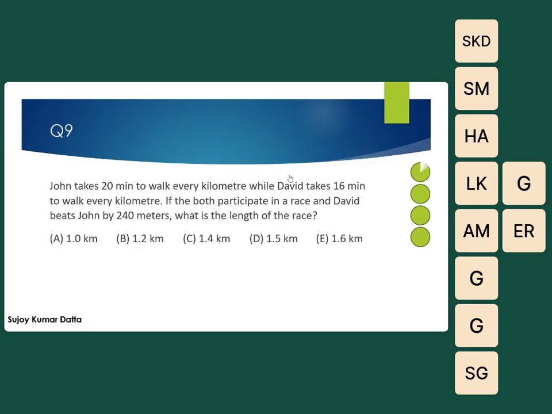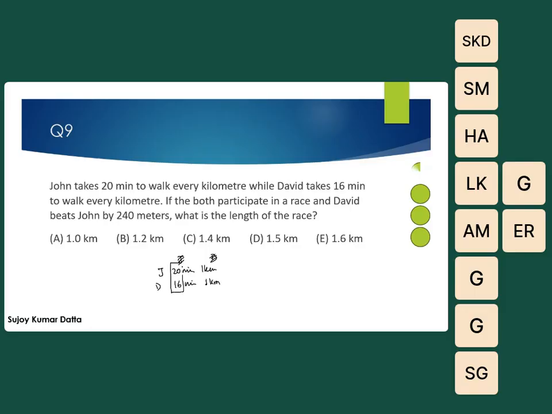So when you are measuring the distance loss margin, not the time loss margin, by which you lose a race, we are saying for the same time the difference in distance. So the moment we understand that it's the same time, for John and for David, this guy is 20 minutes per 1 kilometer, and David is 16 minutes per 1 kilometer.